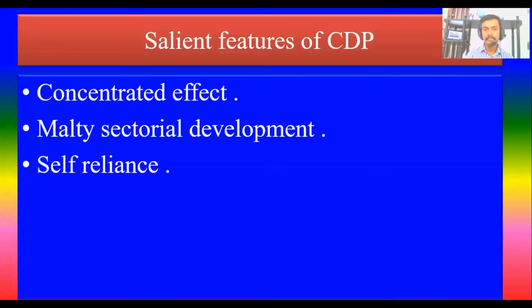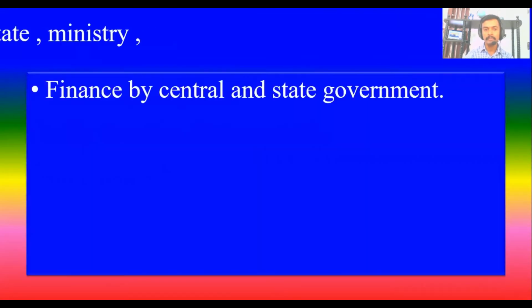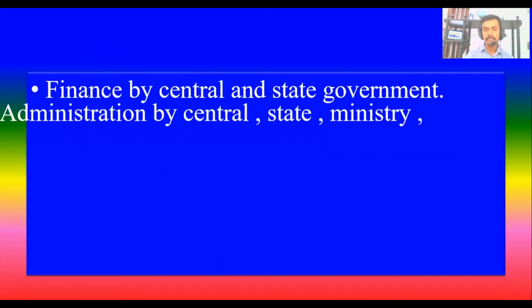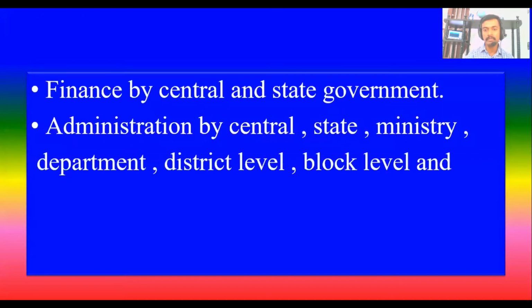Then salient features of CDP: concentrated effort, multi-sectoral development, self-reliance, technical provision, multi-purpose agencies, organized effort, then financed by central and state government. Central government, for example, means the union government, and state government, for example, means the Kerala government. Then administered by central and state ministry, department, district level, block level, and village level.